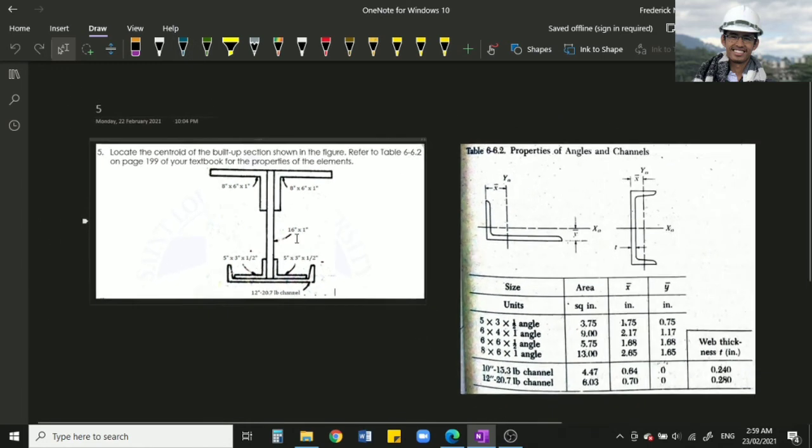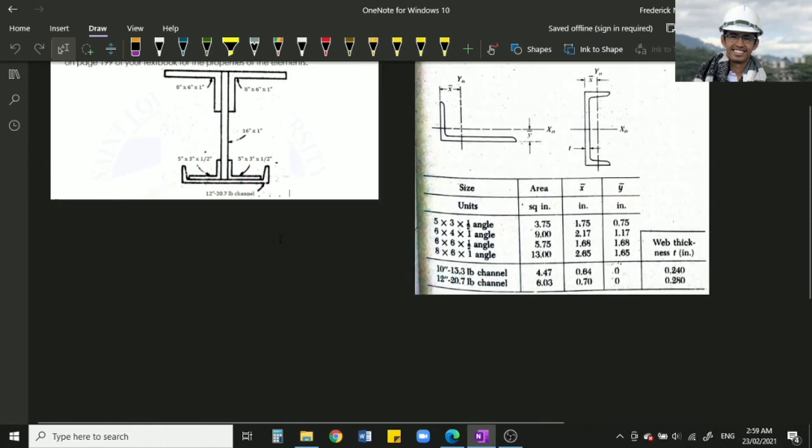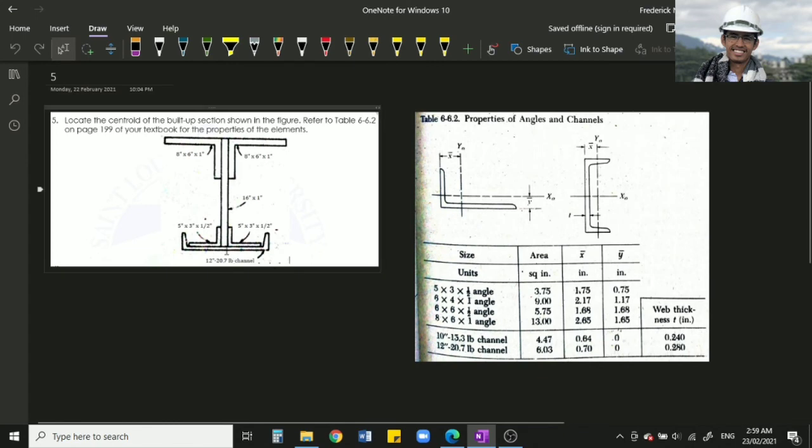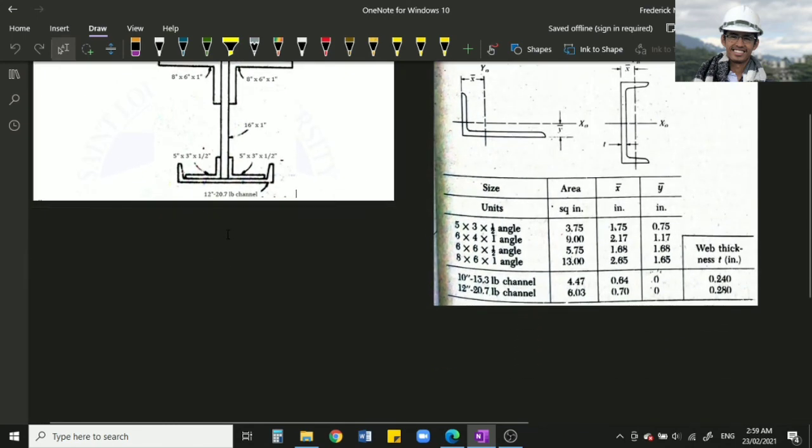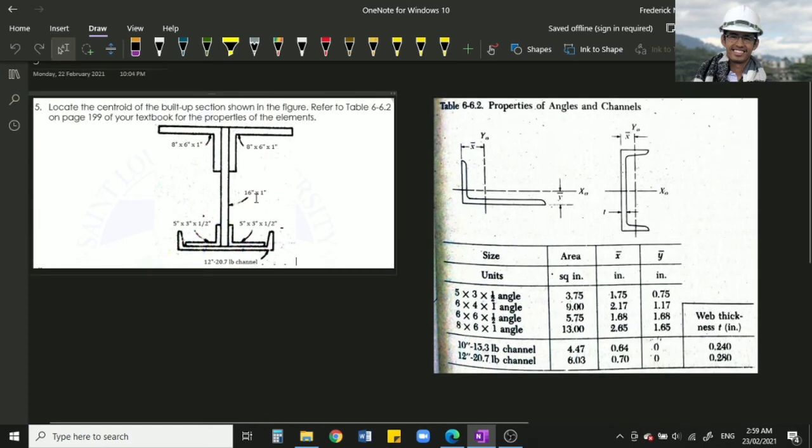Okay? So, let's divide it into parts. So, how many parts is this? 1, 2, 3, 4, 5, 6. So, we have 6.